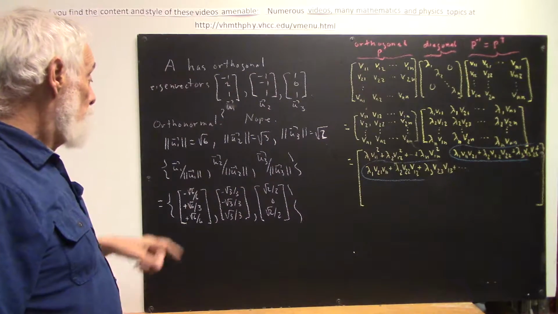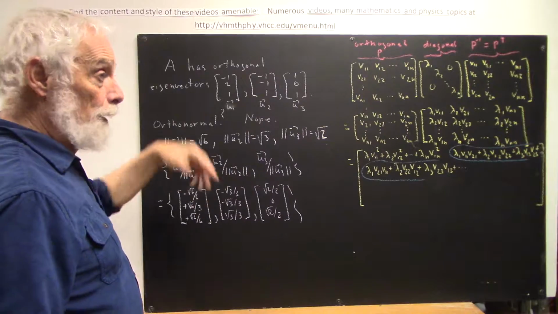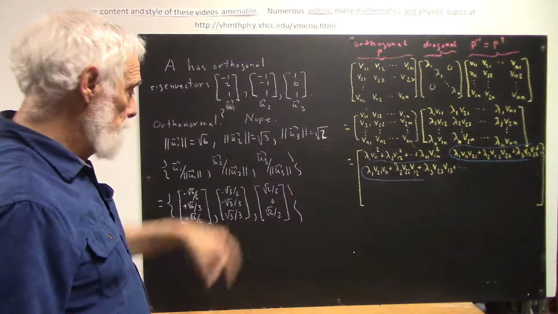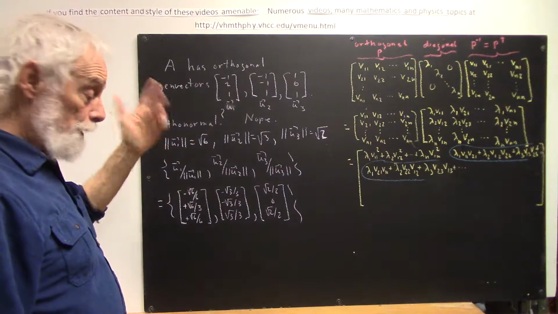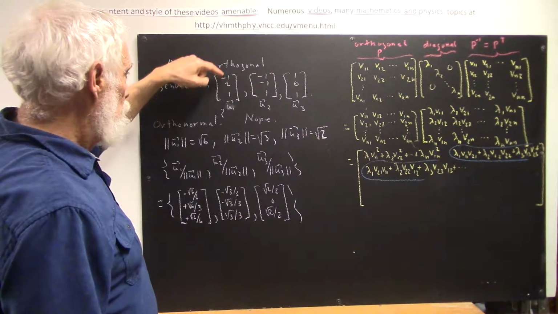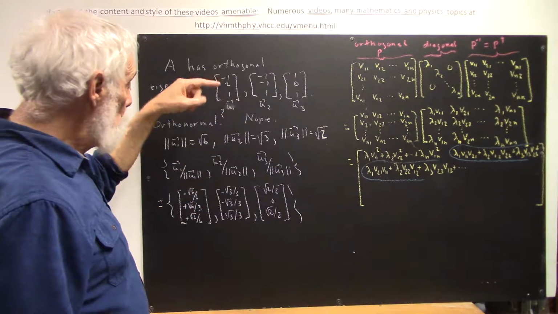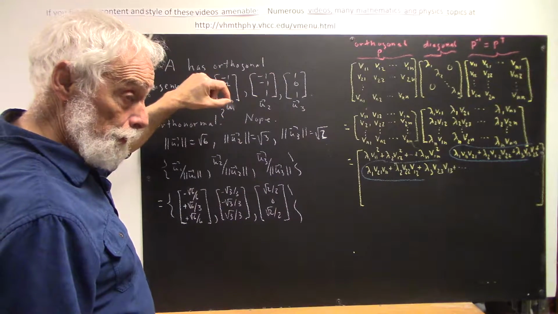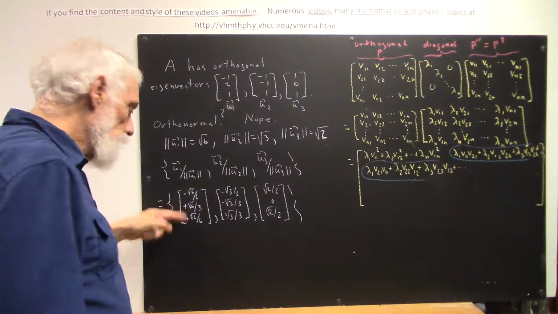Well, it's very easy to divide this vector by the square root of 6. Now, 1 over the square root of 6 is the square root of 6 over 6. Make sure you understand how to rationalize square roots, because you're going to be seeing it a lot. If we do that, -1 over the square root of 6 is negative square root of 6 over 6. 2 over the square root of 6 is 2 times the square root of 6 over 6, which is the square root of 6 over 3.